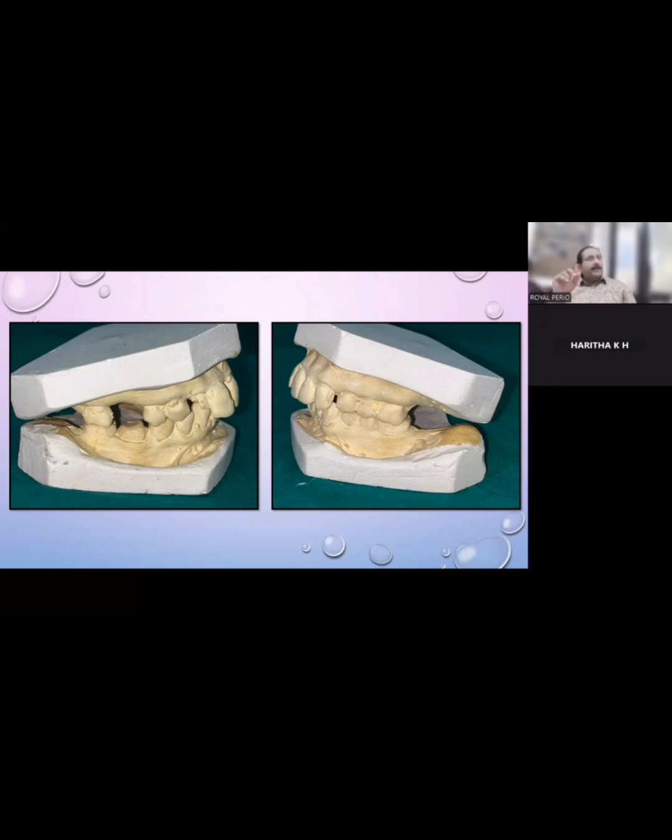You have to add another 1 or 1.5 along with it. So that means if it is 1.5, you have to add another 1.5 to it. That makes it 3. So once you open a flap, the outer diameter of your implant should be 3 millimeter away from it.